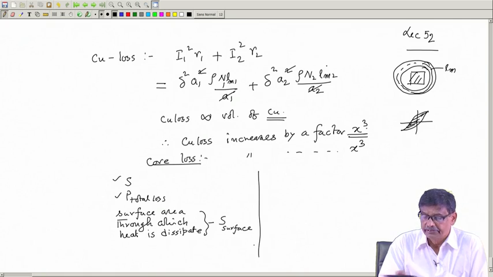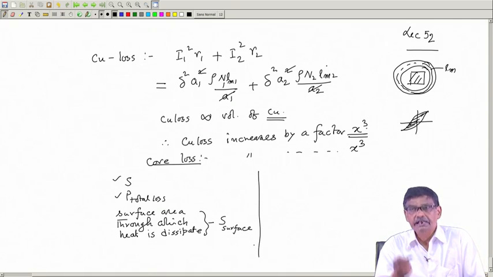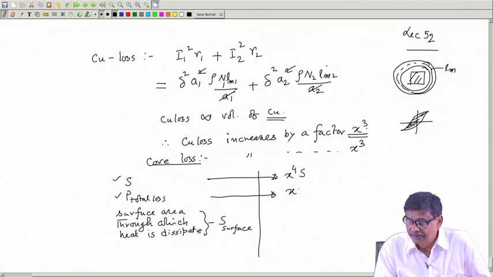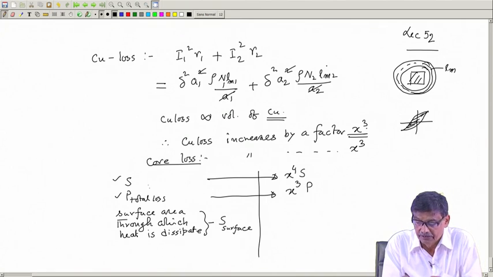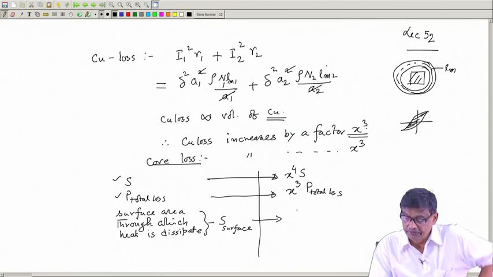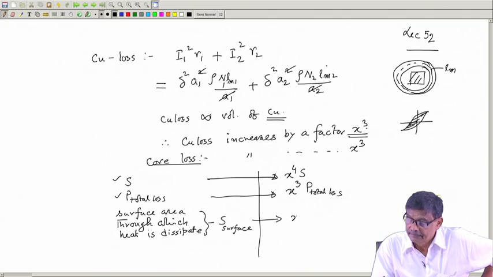Now, if you increase the linear dimensions by x times, kVA rating will become x to the power 4 into S. Total loss will become x cube into P total loss, and your surface area will increase by a factor of x square S surface.